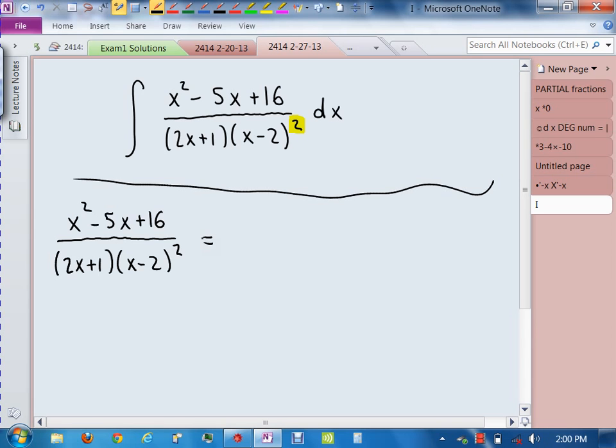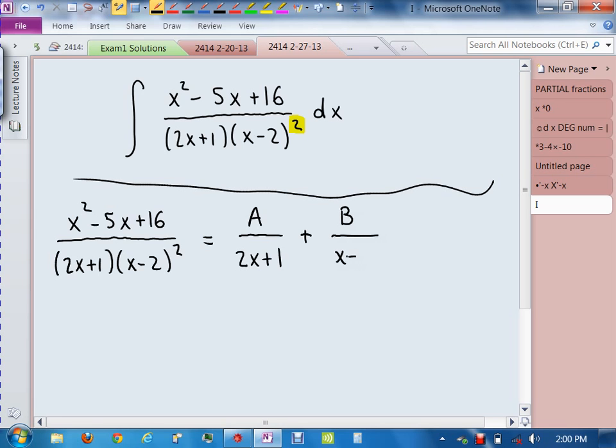So what do I do with the 2x plus 1? What do I do with that linear factor? A over it, right? So that's just like the previous problems, A over it. Now with my repeated linear factor, I need to start out with the letter B, so I can't use A, over that linear factor.